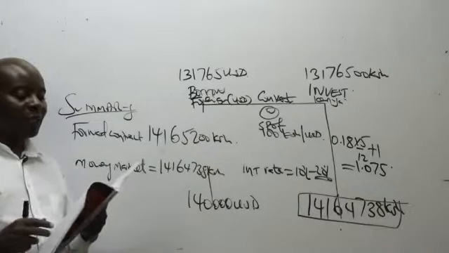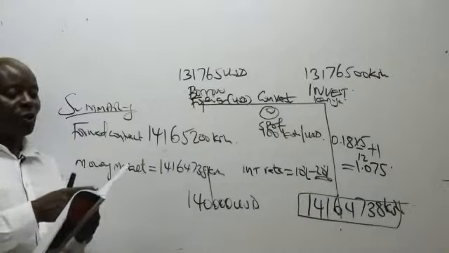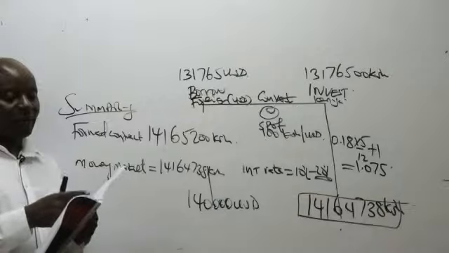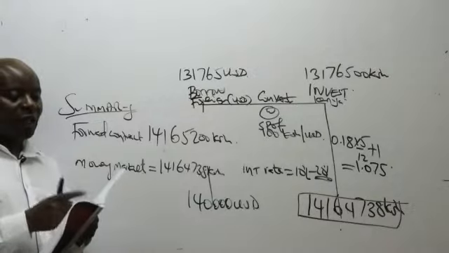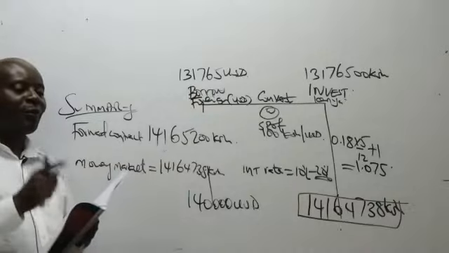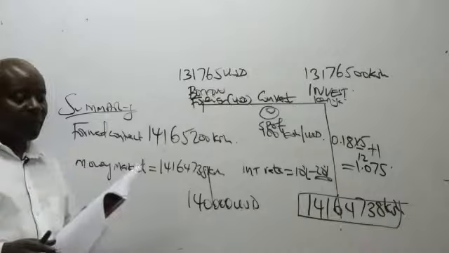Shigiri Investment Limited is a company based in Kenya. The company exported goods on credit to a firm in the USA. The company expects to receive 800,000 in 1 year's time. So I know it's a foreign exchange question.